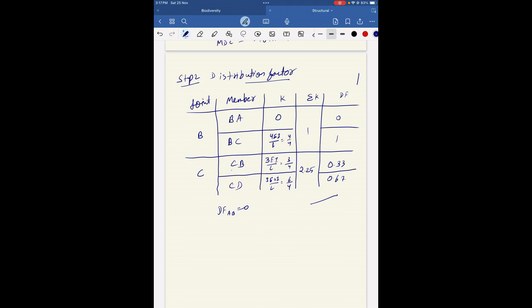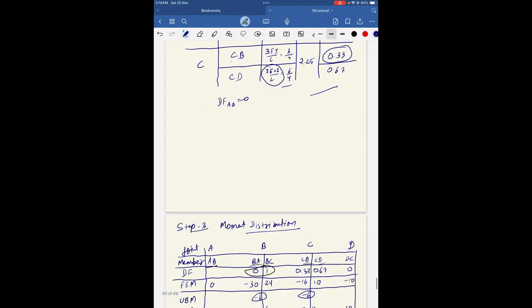Earlier in CD there is 4EI by L, but here D is now a pin support, so at CD we have 3EI by L. So because of this the distribution factor comes out to be 0.33 and 0.67.